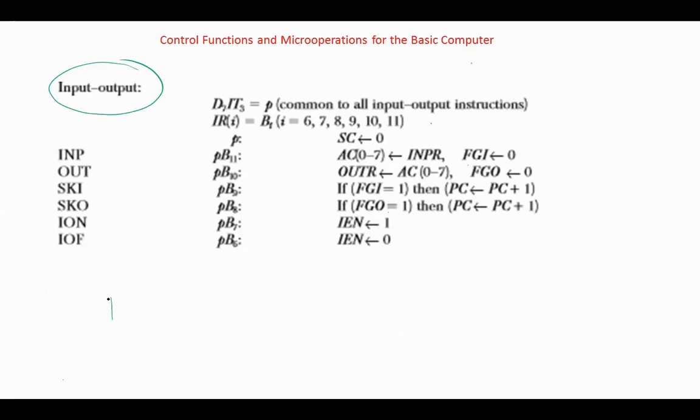Here we have D7, I, T3 common to all these instructions, and one of the bits 6 through 11 from the instruction register is used as an operation code. Here only 6 bits are used since we have only 6 input, output, and interrupt instructions.